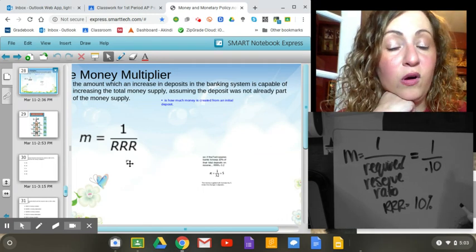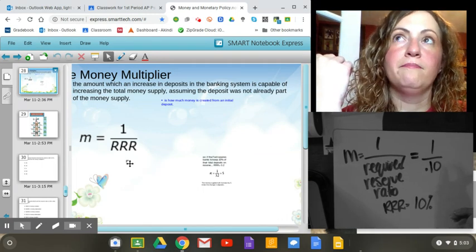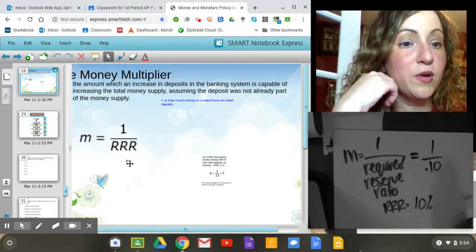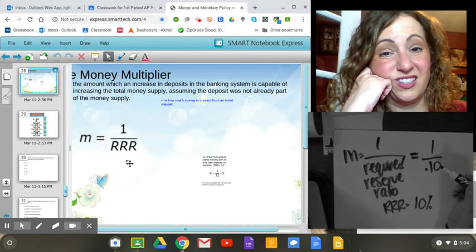We've done this before with the spending and tax multipliers. We have been dividing by decimals. This isn't new.